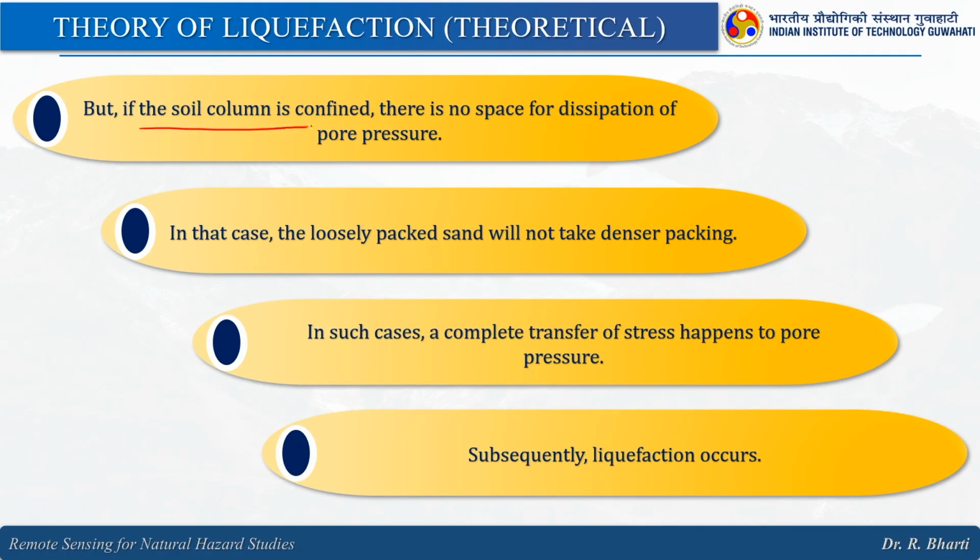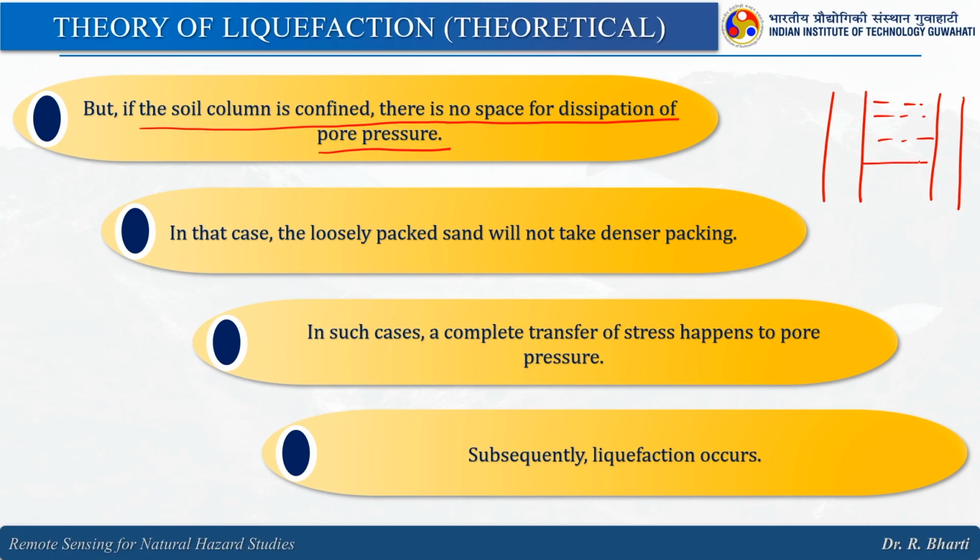But if the soil column is confined, there is no space for dissipation of the pore pressure. Suppose this is one column, this is another column and this is the soil column, right, and this is confined. So, in this case the stress is not getting transferred, right. This pore pressure will be confined to this particular column.